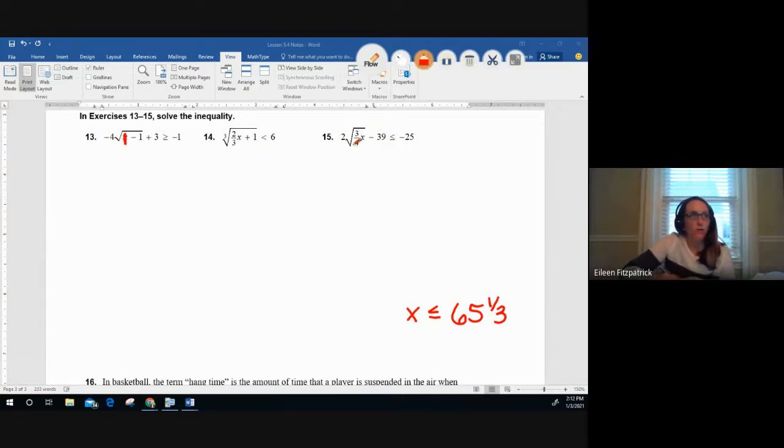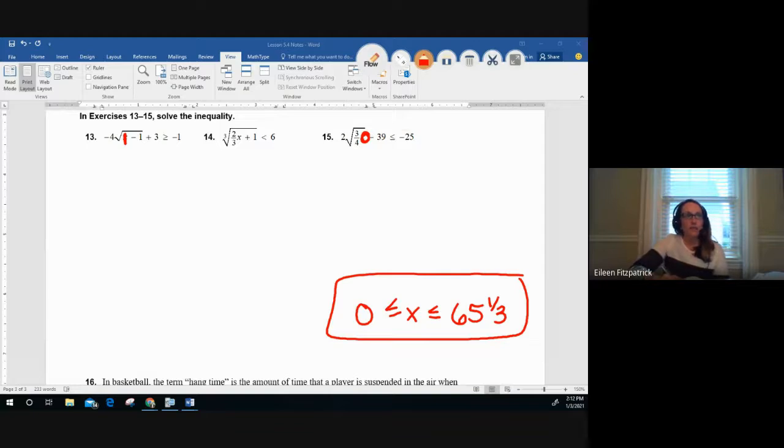What number here, when plugged in for x, would make it a 0? If I plug in a 1, it's going to be a 3/4. But if I plug in a 0, that's going to give me a 0 underneath. So the smallest value that x can be is 0. X has to be greater than or equal to 0. Because if I plug in anything less than 0, I'm going to end up with a negative under the radical. All right, so that is the answer there.